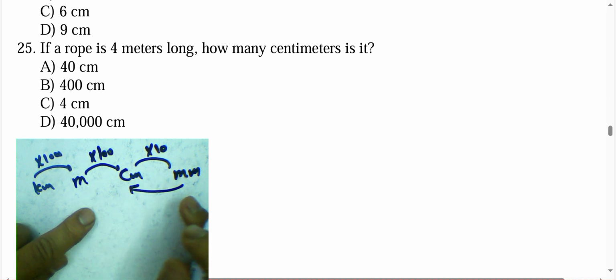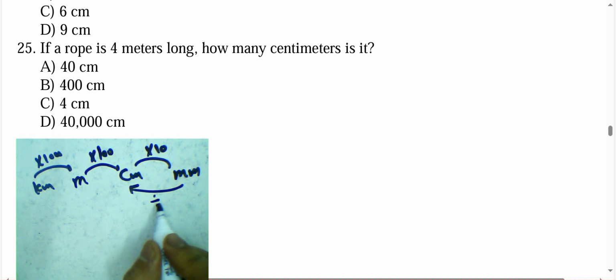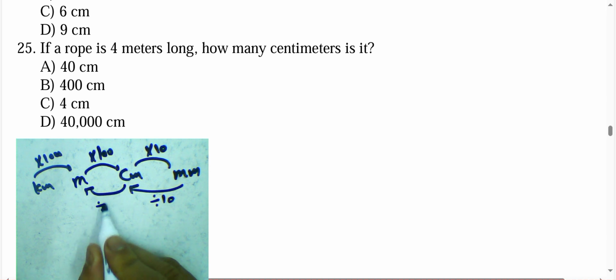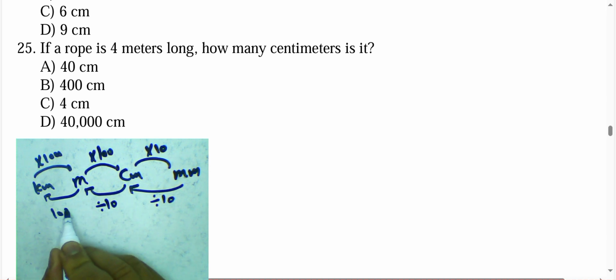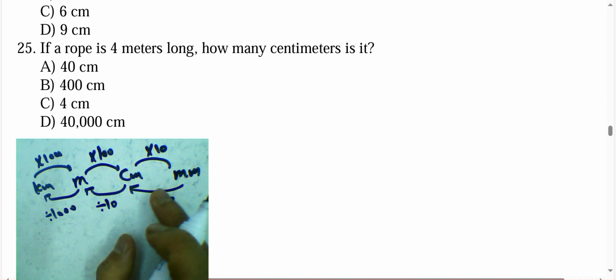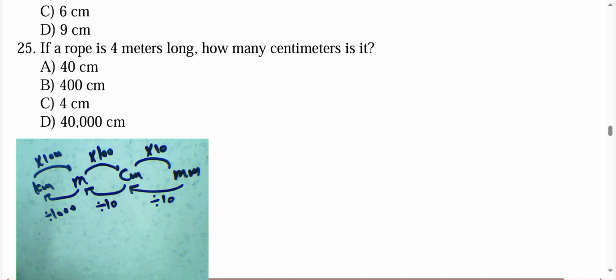And when you go from millimeter to centimeter, you must divide by 10. And here divided by 10 also. And there divided by 1000. So in this example, to convert from meter to centimeter, you must multiply by 100. 1 meter equals 100 centimeters. Then 4 meters will equal 400 centimeters.